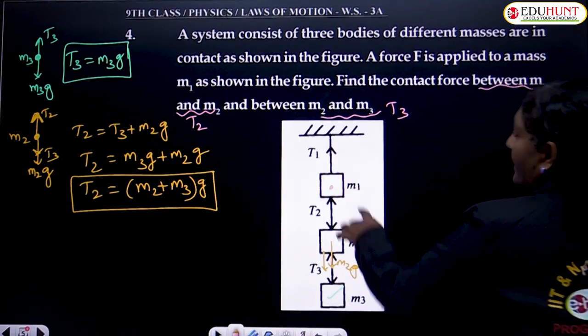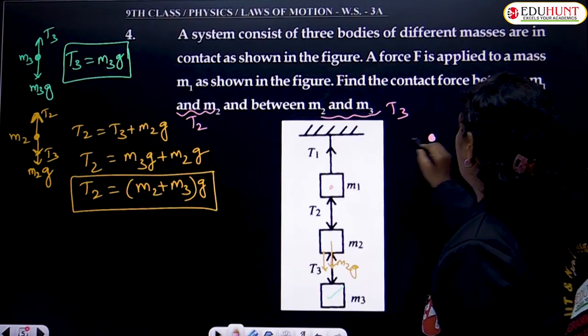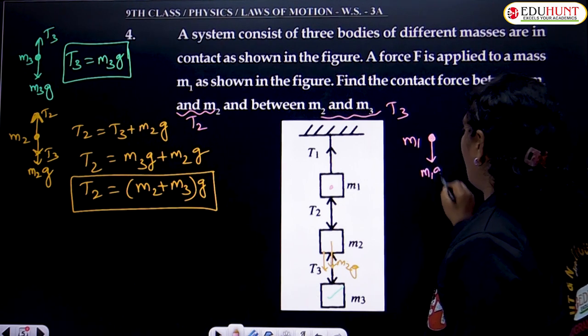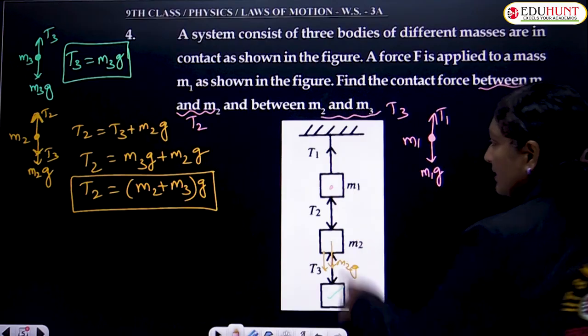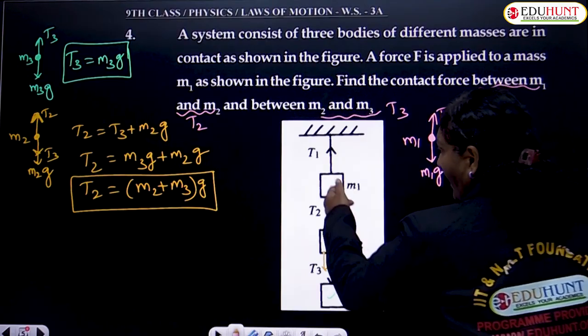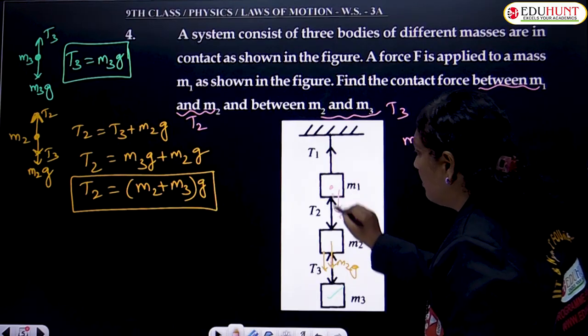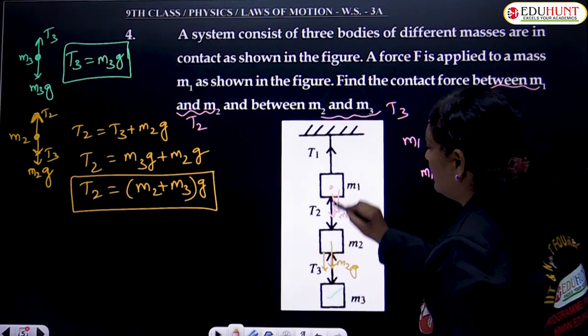So identify this first, children. M1. So this mass, let us write it as M1, whose weight is no doubt acting downwards and the upward force is nothing but tension T1. But if you observe this carefully, along with the weight M1G of the body, one more force is acting downwards, that is your tension T2.